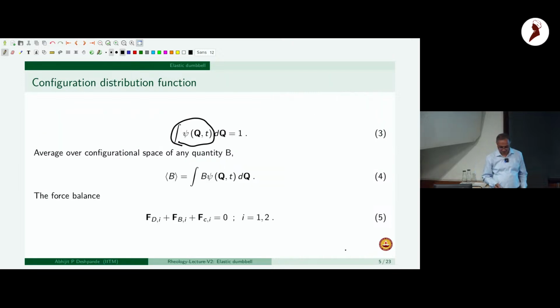And so what you would do is write a continuity equation, or the Smoluchowski equation, for this distribution function. And then this would need to be solved if you have to get the overall distribution function. But instead of that, what we do is we take the continuity equation and multiply by this orientation tensor or conformation tensor.